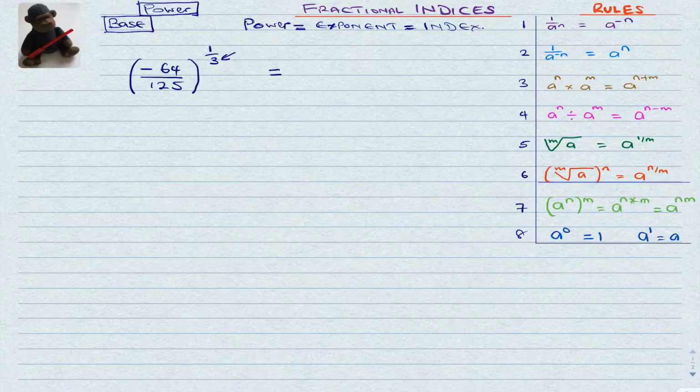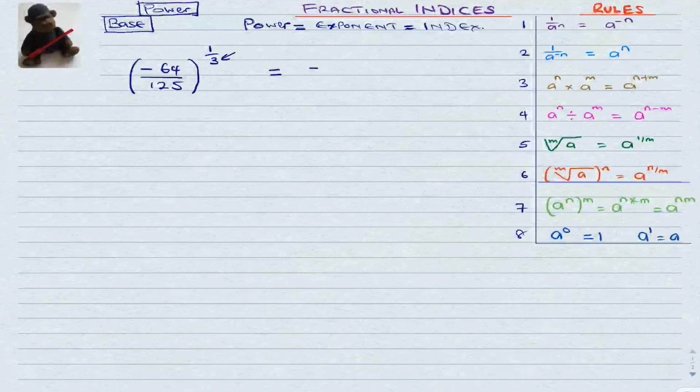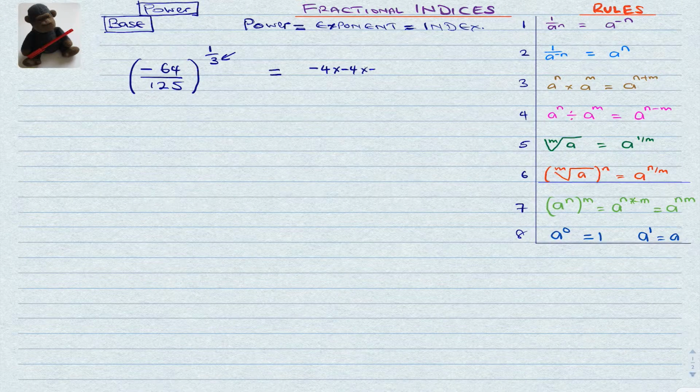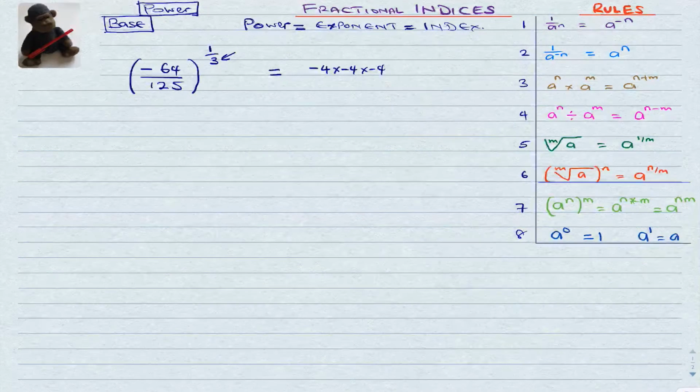Ignore the minus for a bit, and then there's a number you can multiply itself 3 times and you get 125. And that number, for 64, is, well, if I do minus 4 times minus 4 times minus 4, I will get minus 64, because minus 4 times minus 4 is plus 16. 16 times minus 4 is minus 64.